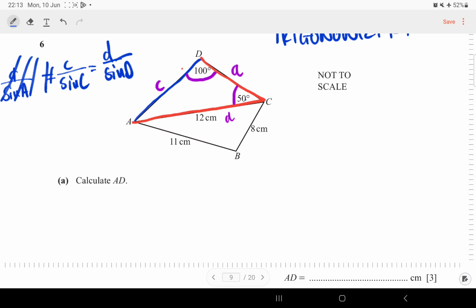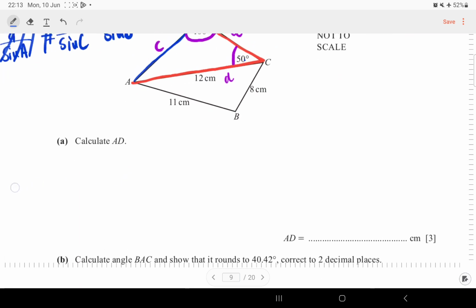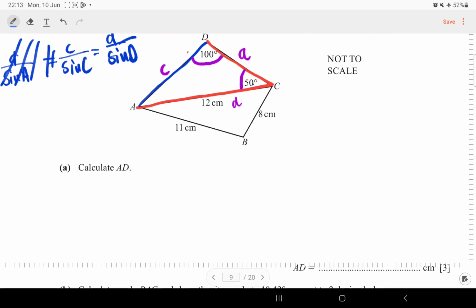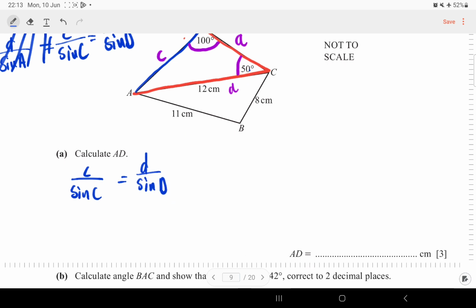So for the work I'm going to submit to Cambridge, it's going to be c over sine C is equal to d over sine D. Now I'm looking for side AD, which is small c, so I'll take sine C to the other side.